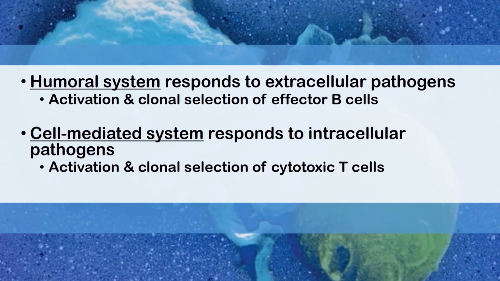This occurs in both the humoral system, those B cells that are going to be responsible for producing antibodies, and will also be present in the cell-mediated system, in which case you have cytotoxic T cells, which are responsible for finding out cells that have become infected by bacteria and viruses, or have begun to malfunction.